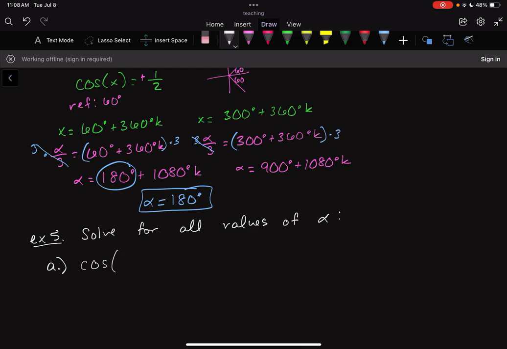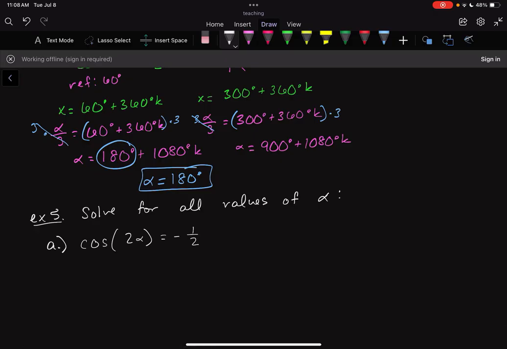Cosine 2 alpha is equal to negative, let's just do 1/2. I don't know, something like this. Sometimes I've seen people do this.